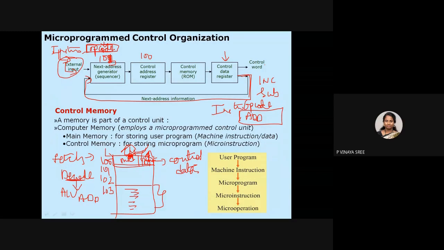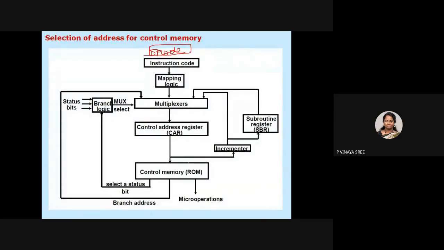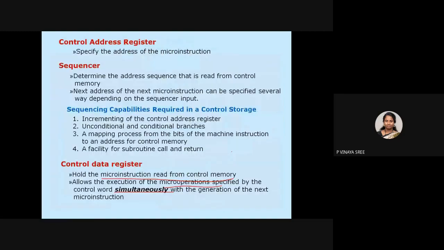Normal sequence 100, 101, 102, 103 means when there is no conditional or unconditional jumps, then it will be executed in normal sequence. So similarly, let us consider there are no jumping of particular location means it goes for a normal incrementer where your address sequencer will be incremented by 1.